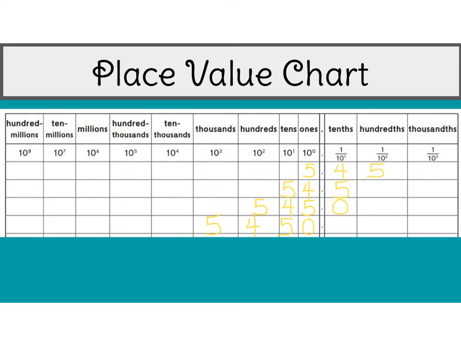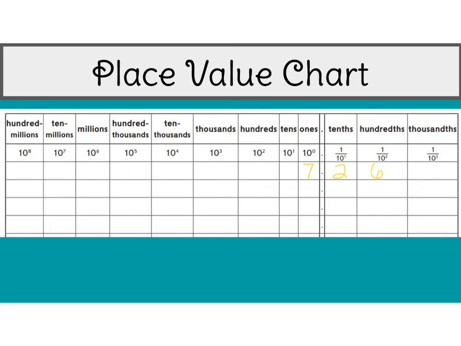Okay, so what happens when we divide? So let's say we're going to divide with this particular decimal. We have 7 and 26 hundredths. And let's say that we're going to divide by 10 to the 1st power.